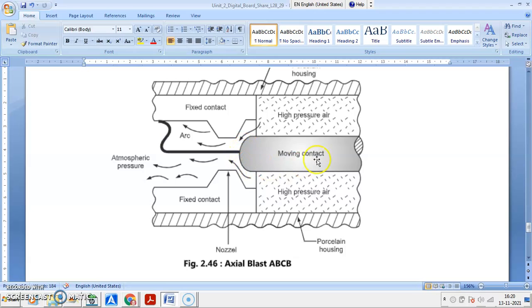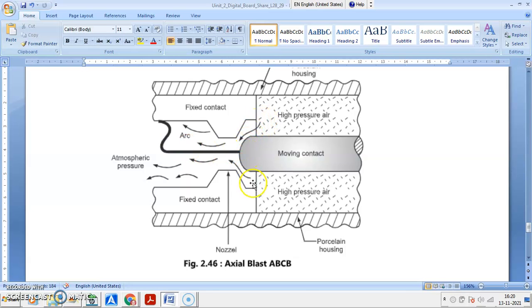When the moving contact separates from the fixed contact, the arc gets struck in between the contacts. And the high pressure here is applied to pinch the arc, elongate the arc and further extinguish it.